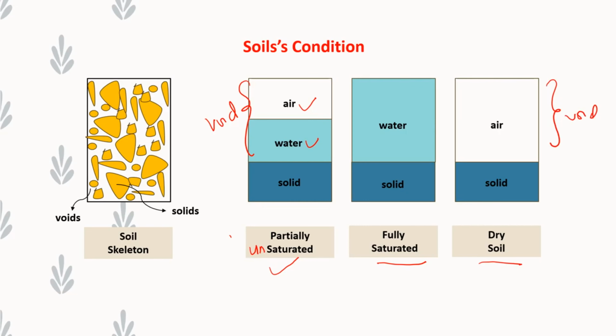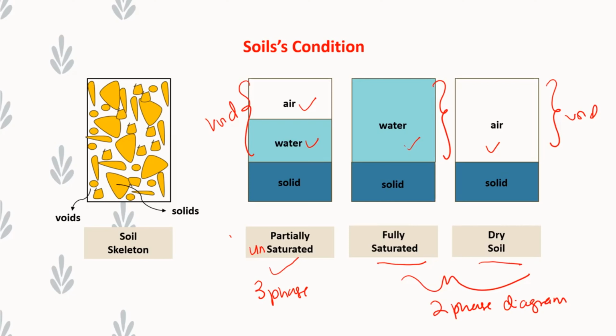So for fully saturated and dry soil, the voids will only have either water or air, which makes the separation into two-phase diagram. So here we can say that this is three-phase diagram, because you have all those air, water, and solid, all those three components. And for fully saturated and dry soil, this is what we call as two-phase diagram.